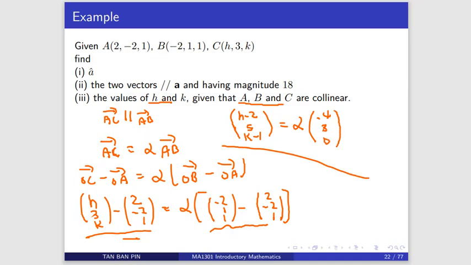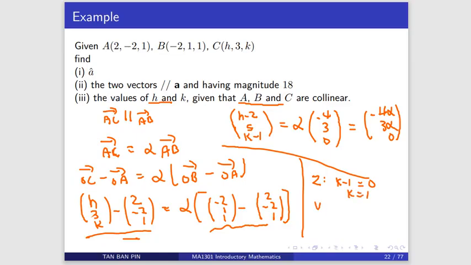And then you can compare components. If you compare the z component, then you'll find that k minus 1 must be 0. This is actually (-4 alpha, 3 alpha, 0). So we get k is 1.